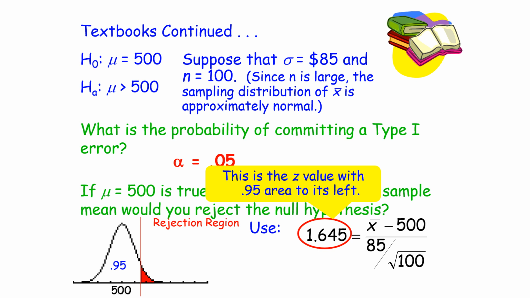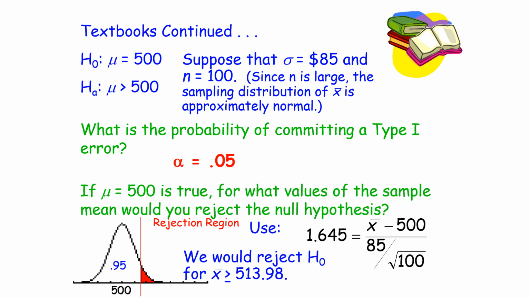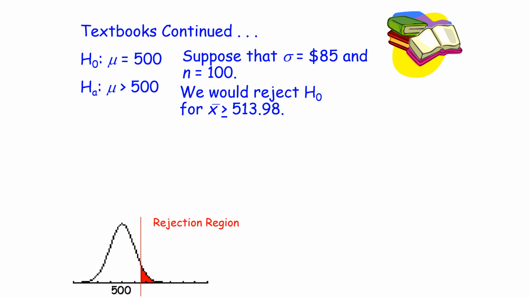We plug in our 500, our 85, and our sample size of 100. Calculating that, we find that our x bar has a value of 513.98. So we would reject our null hypothesis for any x bar greater than or equal to 513.98. So we can write that down.